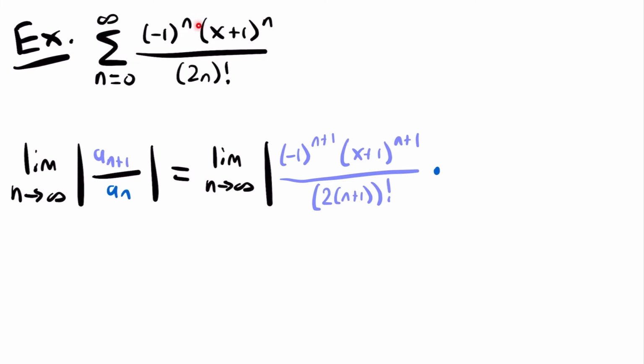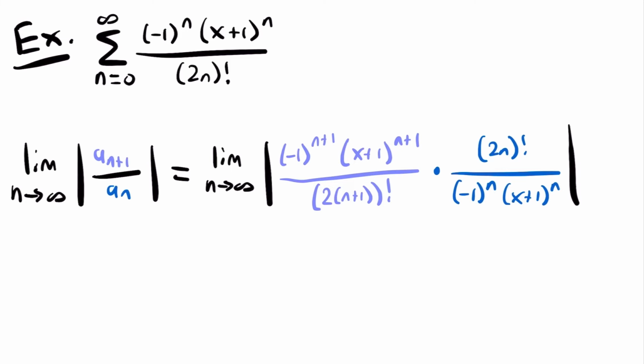And so if this right here is a sub n, we can find the reciprocal by flipping the numerator and denominator. So we'll have 2n factorial divided by -1 to the power of n times x plus 1 to the power of n. Okay? And so now what we want to do is simplify our limit here so that we can evaluate it to determine our interval of convergence.